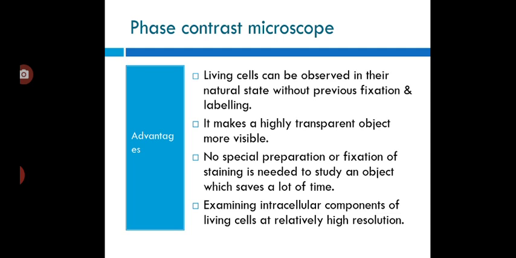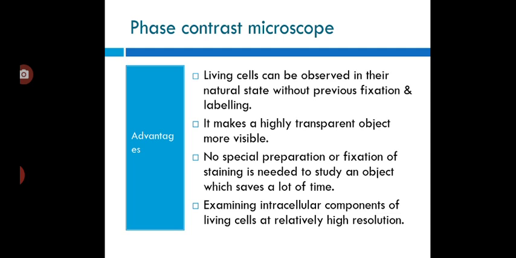But in the case of the phase contrast microscope, this process is not required, which saves a lot of time, because in those methods where staining and fixation is required, it undergoes various steps and processes. But here, the preparations or staining need not be done, and it can be observed without them, which saves a lot of time.